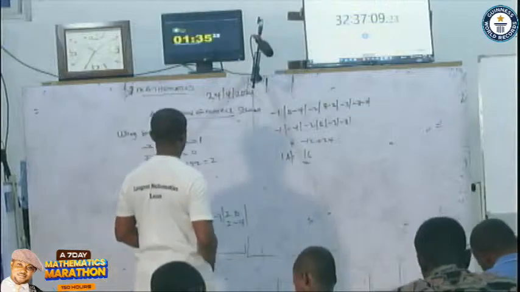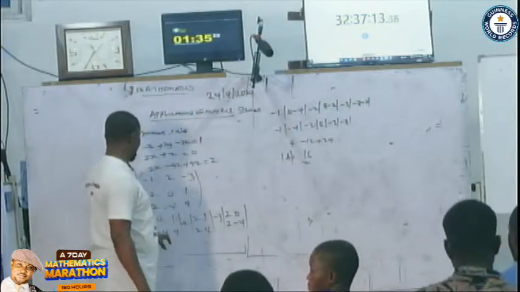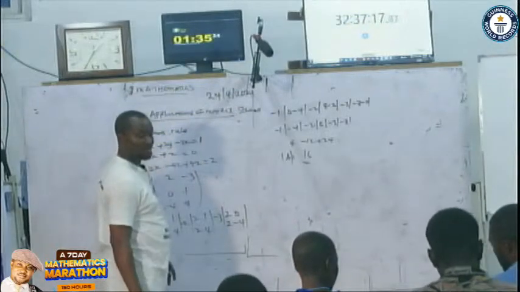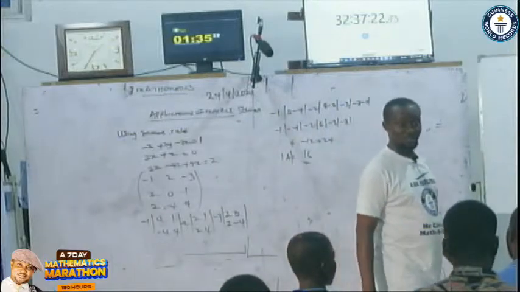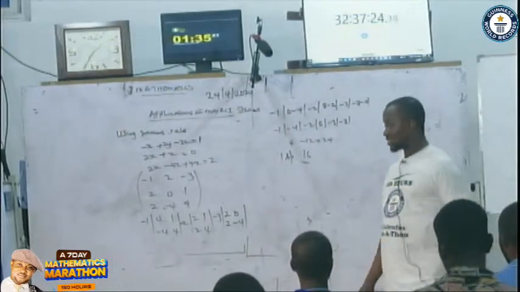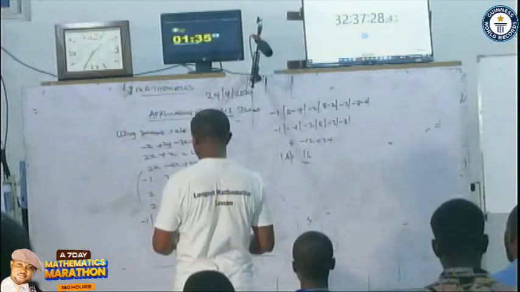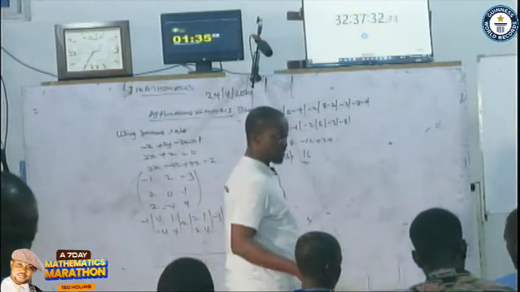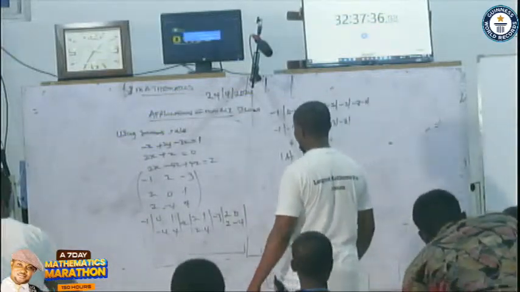Is there any objection? This is minus 1, 2, minus 3, minus 1. It's correct. The one I do here, I have 10. Minus 1, 2, minus 3, 2, minus 0, 1. Check again, maybe it's this one.